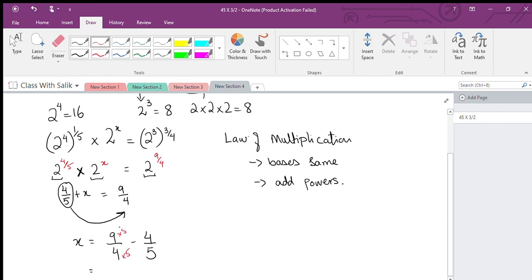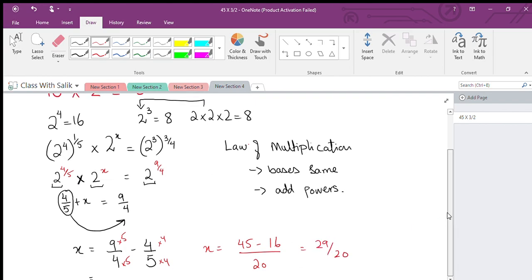We will multiply this with 5, this with 5, this with 4, this with 4. So it's going to be x equals 9 5s are 45 minus 4 4s are 16 over 20. 29 over 20 is your answer.